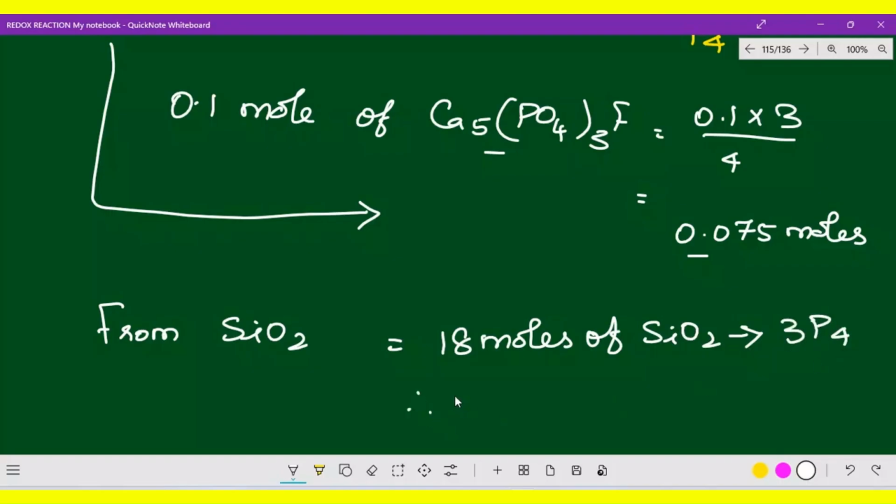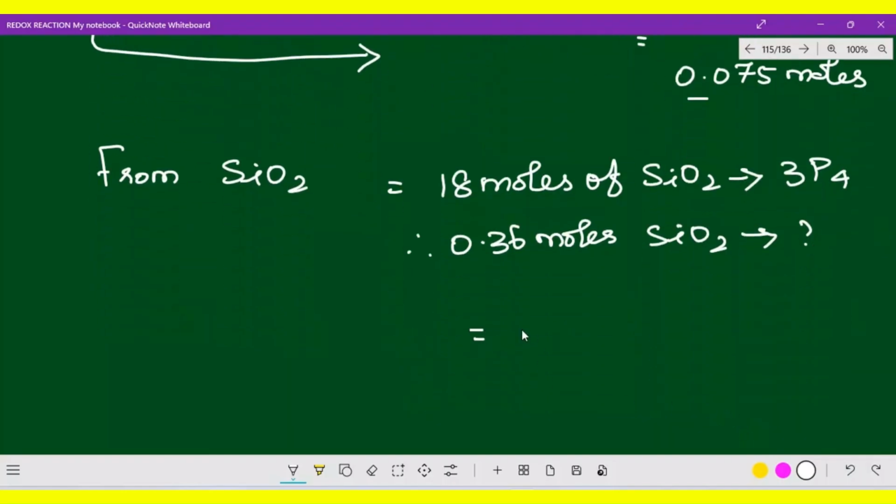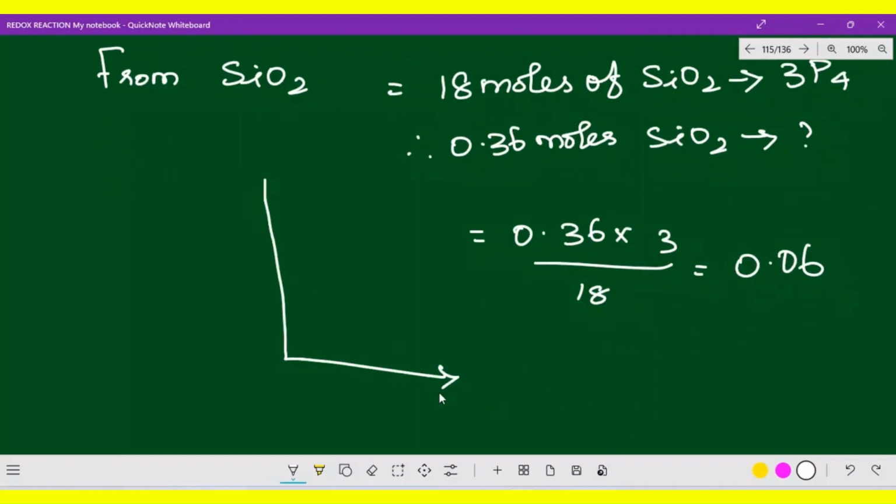Therefore, 0.36 moles of silica, how much can it provide? The same cross multiplication: 0.36 into 3 divided by 18. So how much will you be getting? 0.06. So from silica, you will be getting 0.06 moles as the theoretical value.